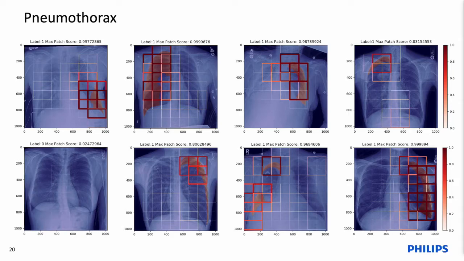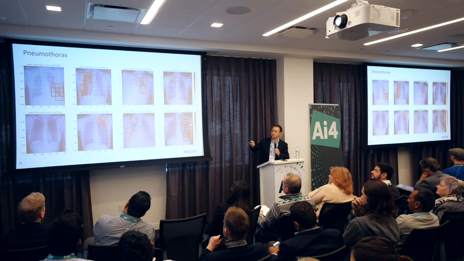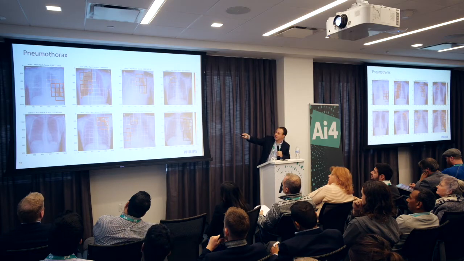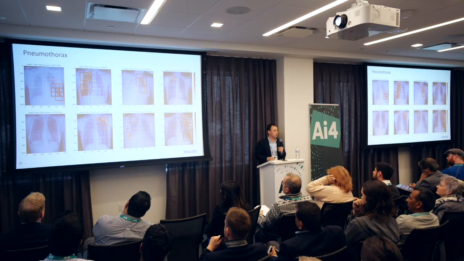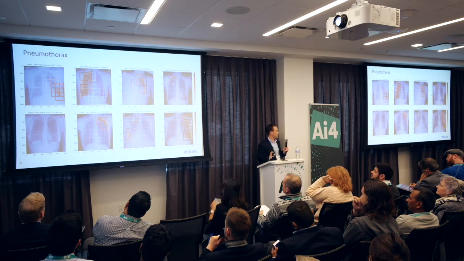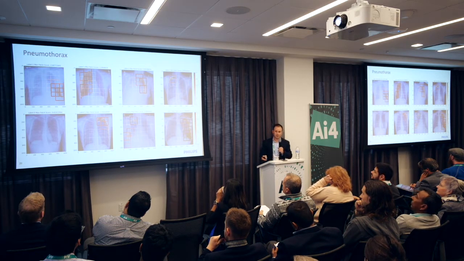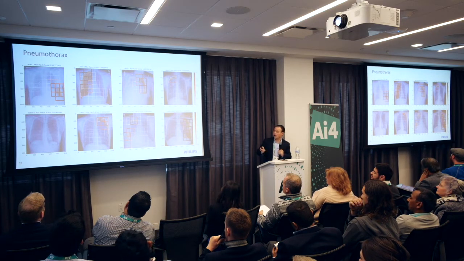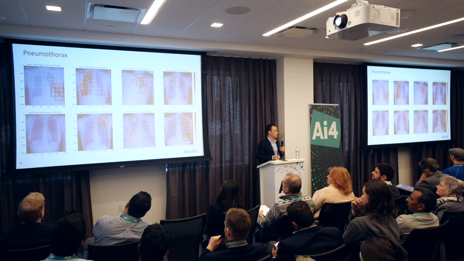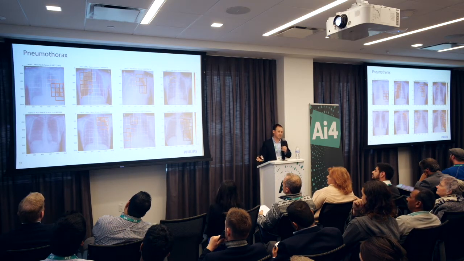And when we take the score for the entire image, we take the maximum of those patches. So for instance, at the top here, it's 0.99. So that's the score for the image, that there is pneumothorax with a probability of 0.99 in this image. And we know exactly where it is. And you can also see that some patches look like they've disappeared, and that's because they're very, very close to zero that you can't even see them anymore.